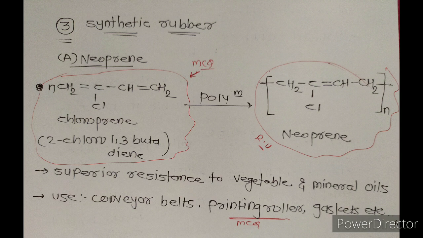So we have to write the product formed during the polymerization reaction of chloroprene. Next question, which polymer is used in a printing roller? Then the answer is neoprene. We have to remember a few points for MCQ. First one, that is printing roller. Second one, its monomer. It is also known as a repeating unit.